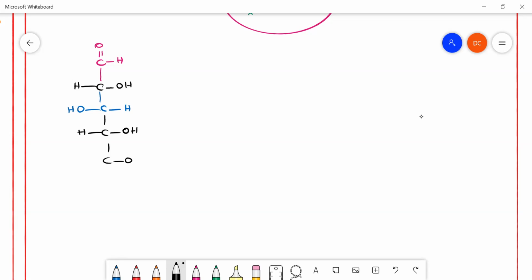You will forget many things, because carbohydrate is the toughest chapter; the remaining are all easy. Here we have an aldehyde group, and here we have alcohols, because it is a polyhydric aldehyde. That is glucose. Am I right?